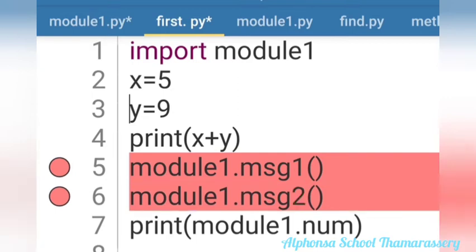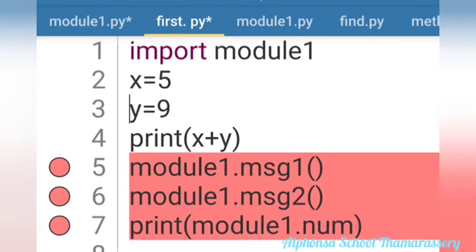So as msg2, it is part of module1. So I specify module1 first before calling that function. And next is print module1.num. Num is a variable which is declared and assigned in module1. So we can use module1.num there.